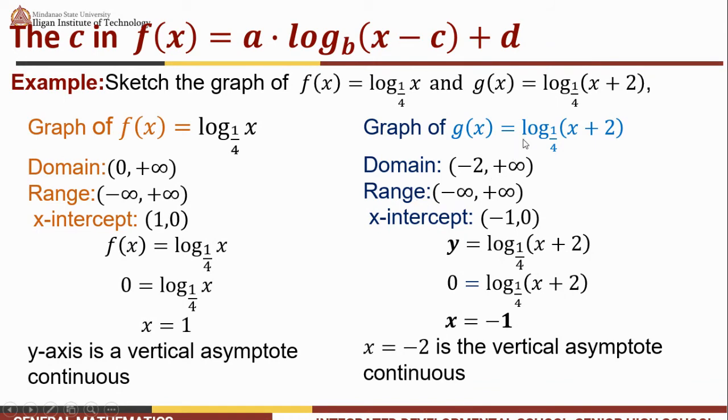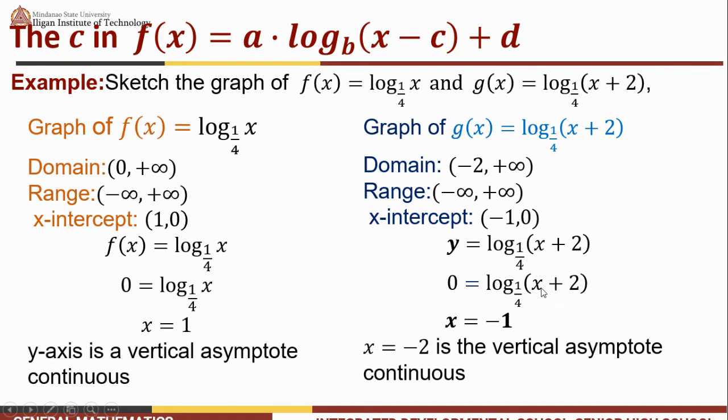For the range, we have the set of all real numbers. For the intercept, what we need to do is let y equal to 0. So we have this one. Then for us to get a value equal to 0, the x must be equal to 1. But here we have x plus 2. So what we need to do is equate x plus 2 equals to 1.